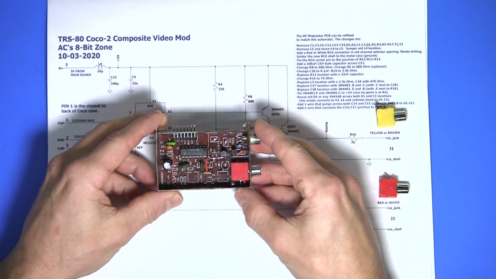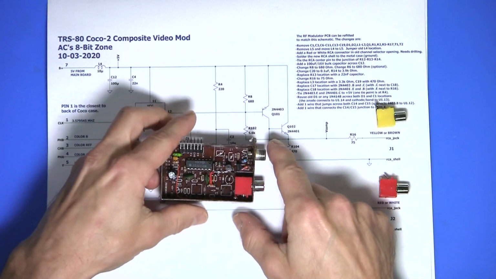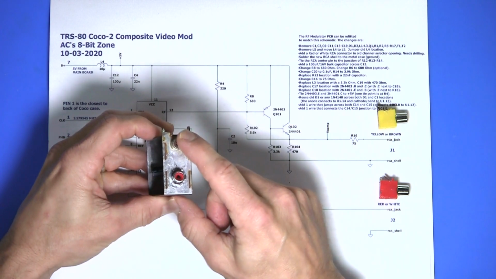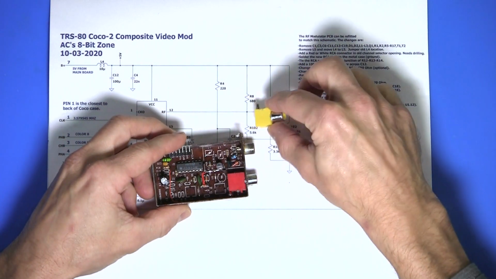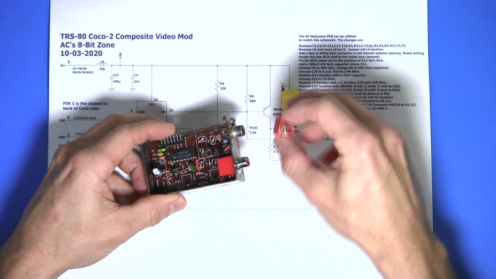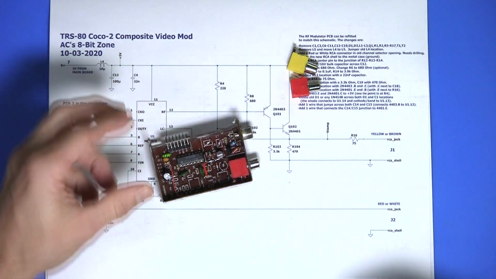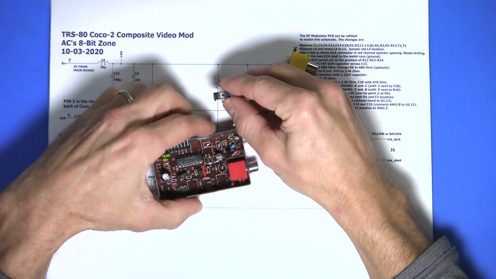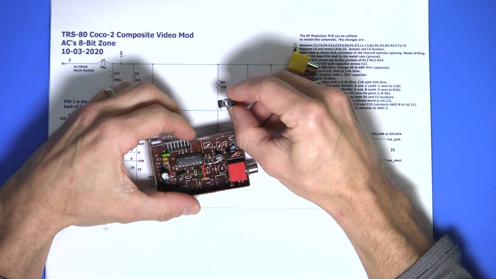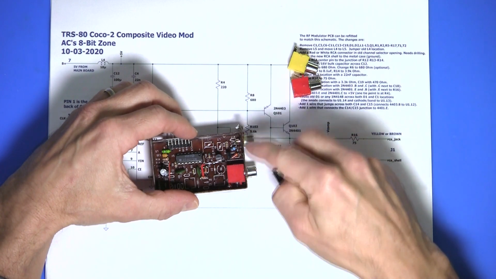This is composite video only, and I left the original video output connector, but you have the option of using a fresh one if you'd like, and then you'll need an audio connector. One other option that you do have is you could use one of these 2-pole or 3-pole TRS 3.5 millimeter jacks, and you would only need one position.